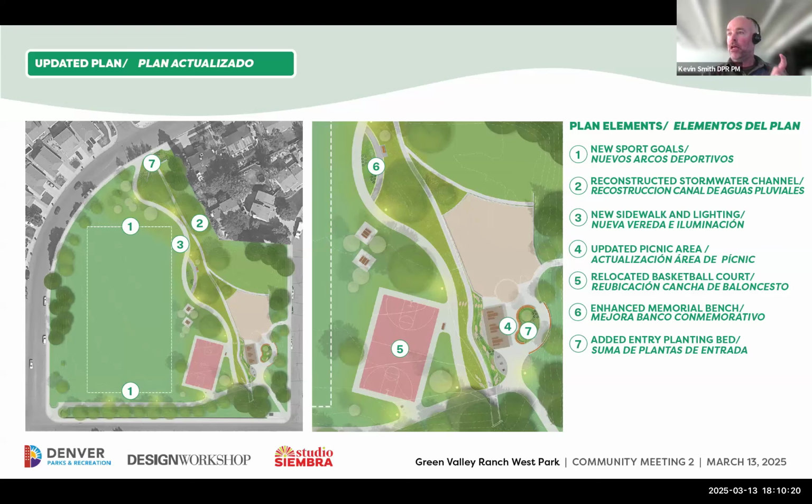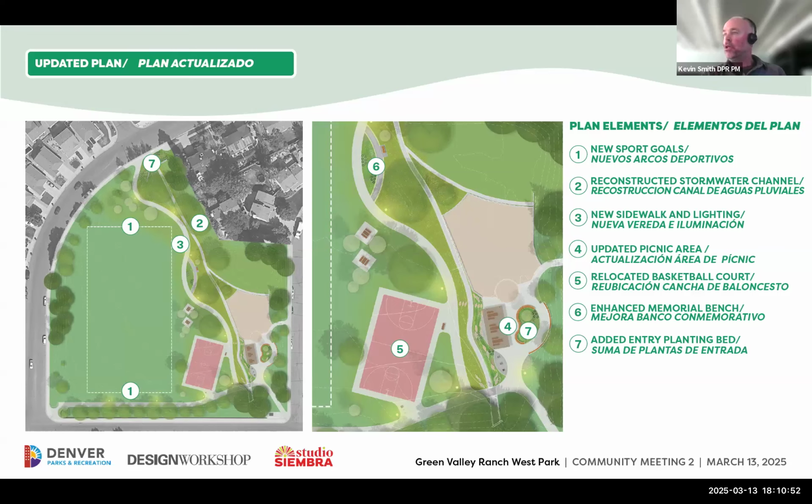Maybe Peter or Caroline, if you have the slide, we are going to pull the portalet out of the picnic area where it currently sits and bring it closer to the road. Yep, and Peter's circling that location. For several reasons, we would like to get that portalet up close to the road: easier access for the company that maintains it, and also to get it out of the picnic area.